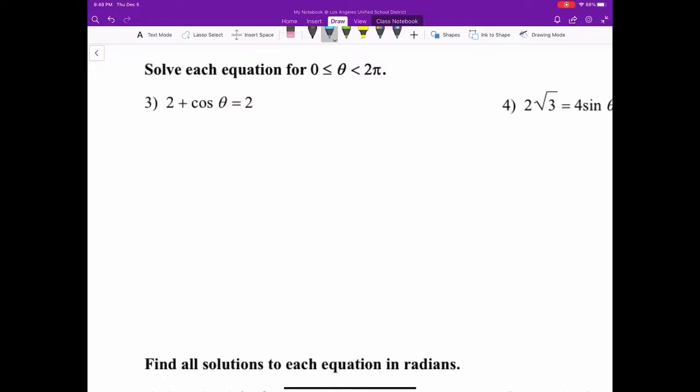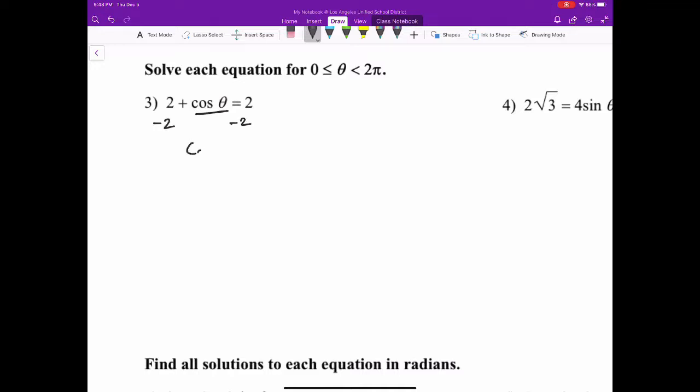Our next problem is what if we're bounded? And with these types of problems, you actually have to solve it first to figure out where to go. I'm going to solve before where it gets cosine alone, and then start the first one and actually do number 4. So to solve for cosine theta, we're going to subtract 2 from both sides.